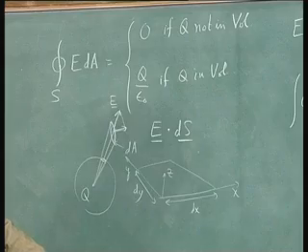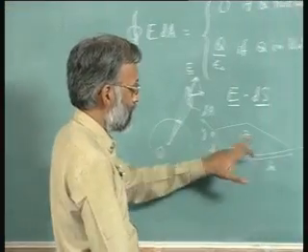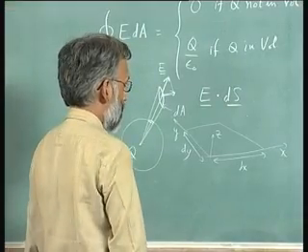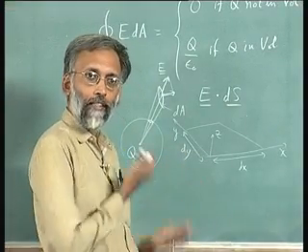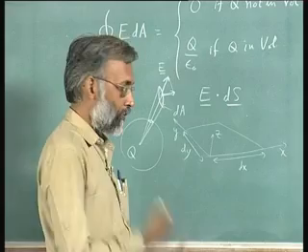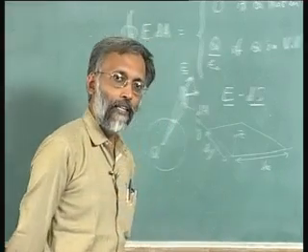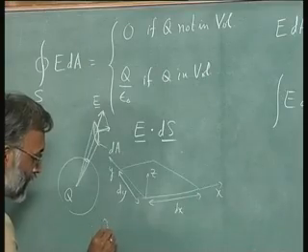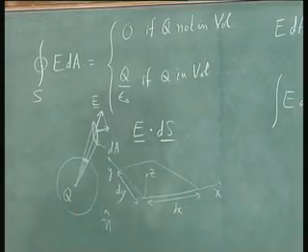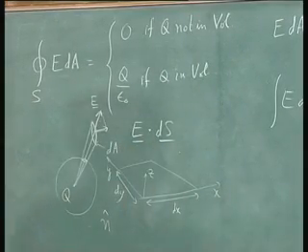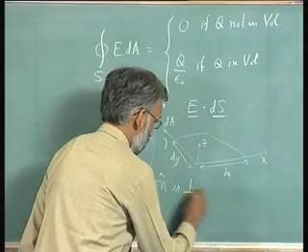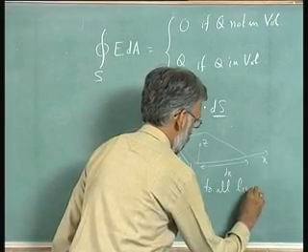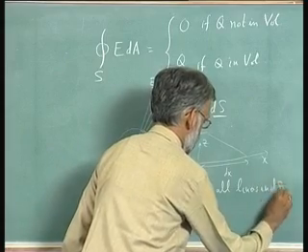Now, if I want the normal direction to this surface, I know that it is the z direction, because it is in the xy plane. Z is naturally perpendicular to the xy plane. But there is another way I can say it. I can say the normal direction, the direction of this ds, is perpendicular to all lines in ds.